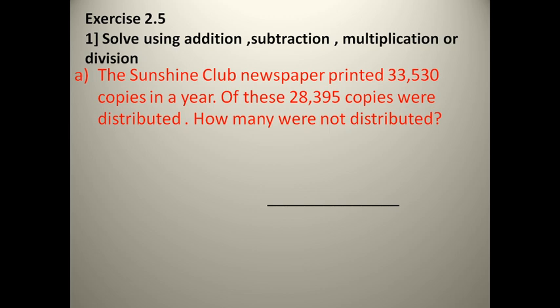We start solving. Now here, the Sunshine Club newspaper printed 33,530 copies in a year. So this is the first information.